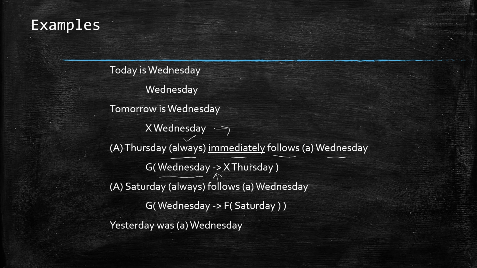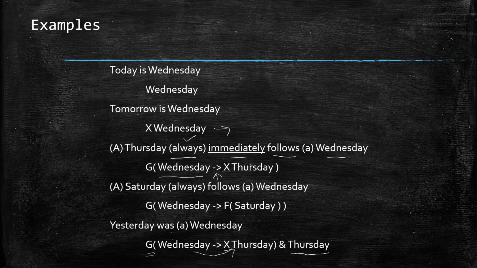So this one is interesting. Yesterday was Wednesday. So we want to model the past by making use of these temporal or future operators. So this is how we model it. We say that Wednesday is immediately followed by a Thursday, which is written in this form of implication. That is, if today is a Wednesday, then the very next day is a Thursday, and we write that this is always true by making use of a G before the parenthesis around the implication, and we connect it with a predicate which says Thursday, which means today is a Thursday.